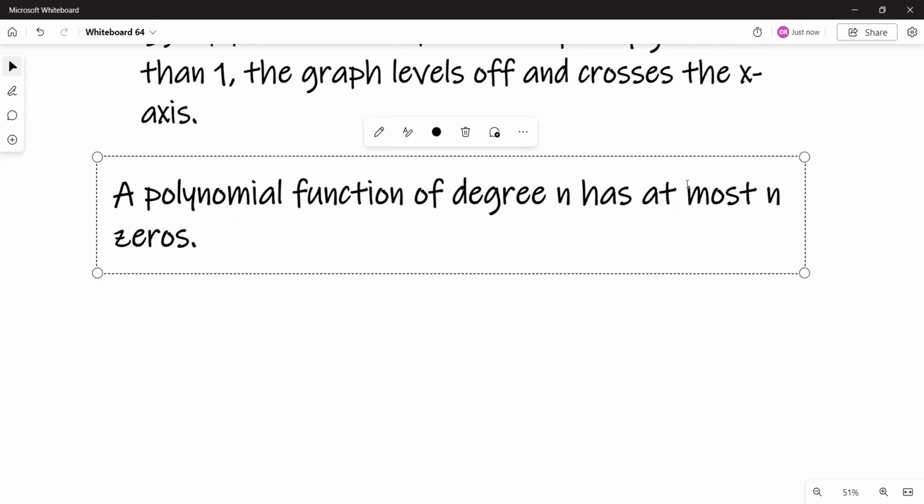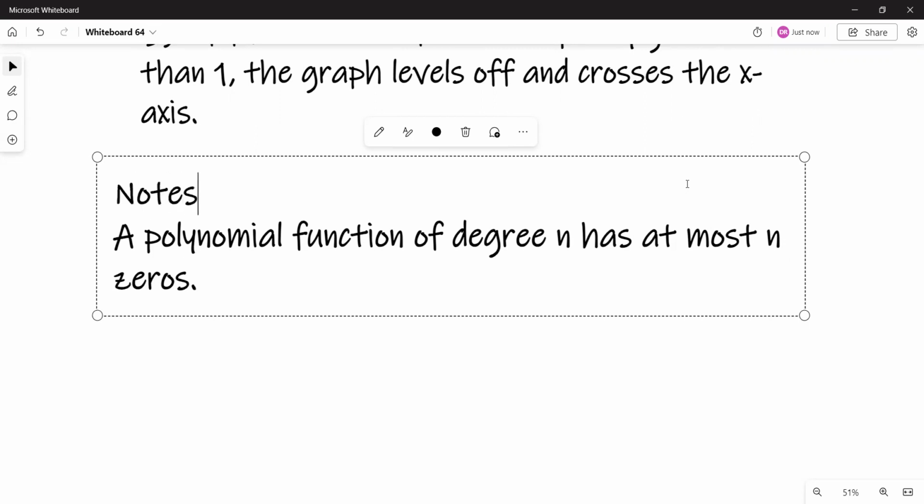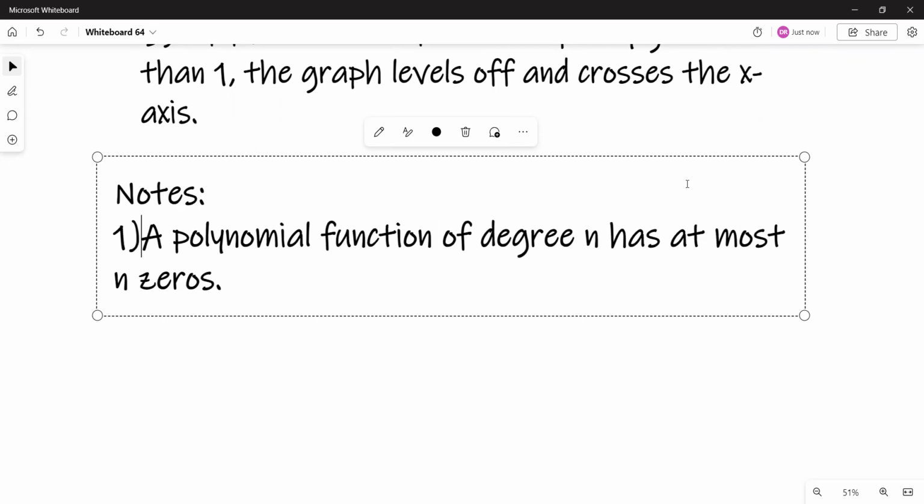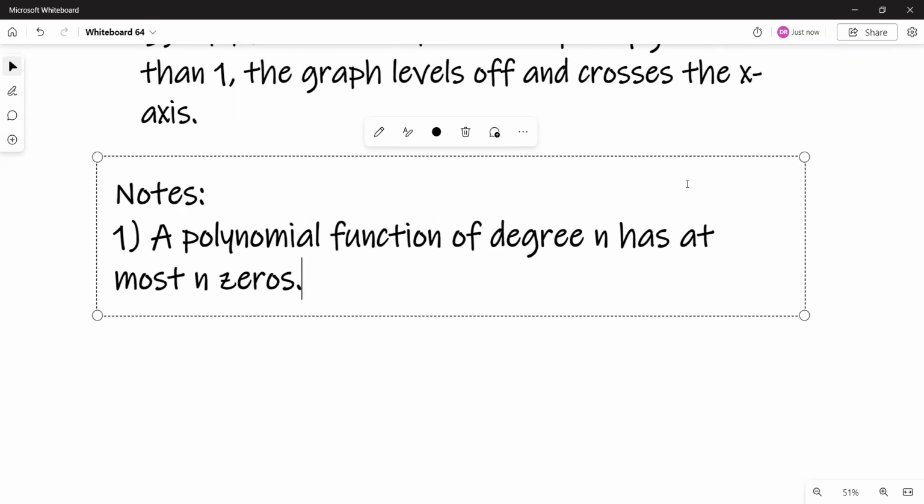I should write this as notes. So that's the first note. It has at most n zeros, which can be real or complex.